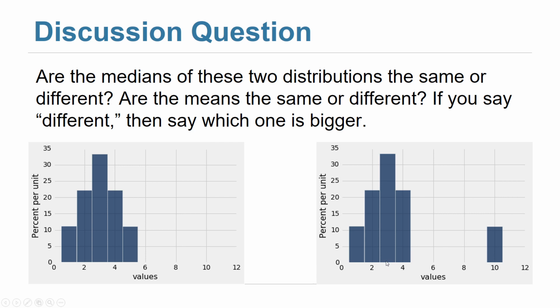But as we push the value that was 5 on the left histogram away to the right, the balance point should go to the right to balance the two sides. Of course, it should go to the right.